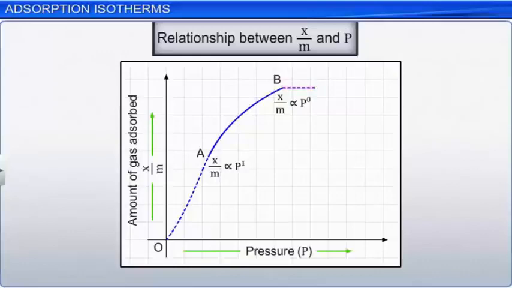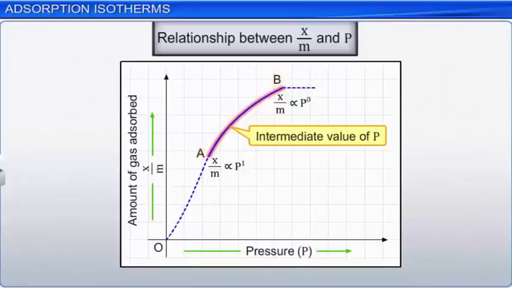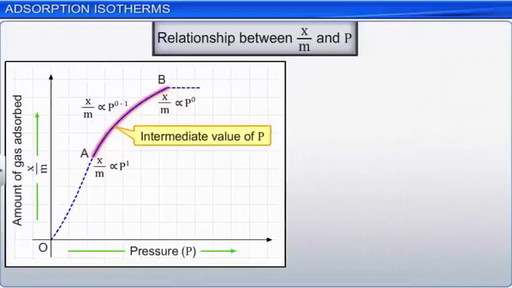Let's now look at part AB of the curve. For this part of the curve, x/m lies between p^0 and p^1. In other words, in the intermediate range of pressure, x/m depends upon p raised to the power of 1/n, where n is a positive integer.